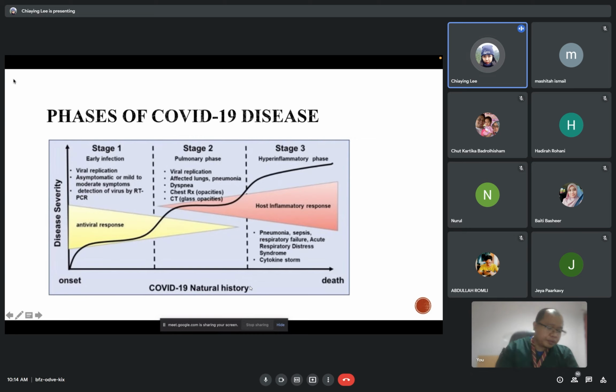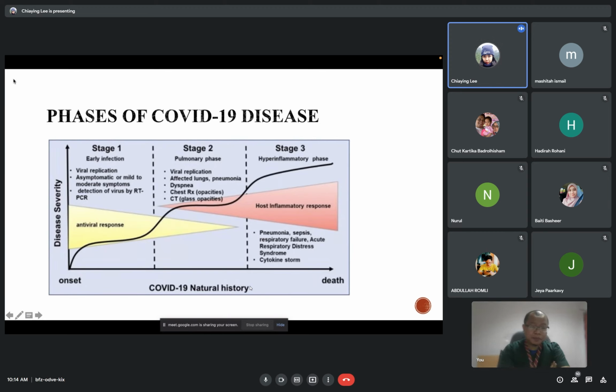And a certain number of patients will go on to have an ARDS-like picture, or respiratory distress symptoms, cardiac failure, and so on. During this time we will have the cytokine storm.